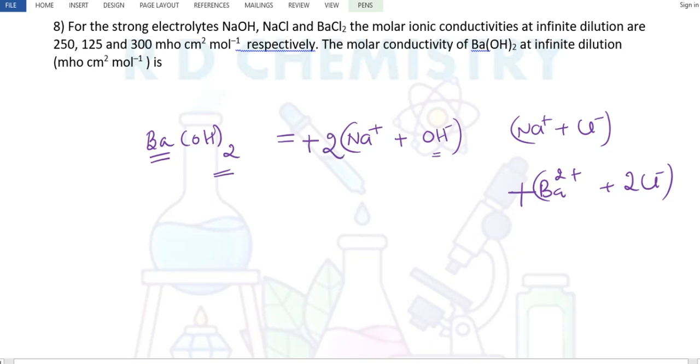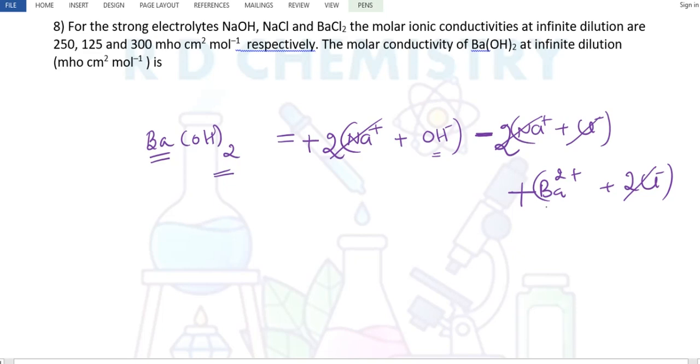I don't want the chloride part, so I'll write minus here. Also I'll write 2 times because I don't want the sodium part. Plus 2 sodium and minus 2 sodium cancel. Minus 2 chlorides and plus 2 chloride cancel.